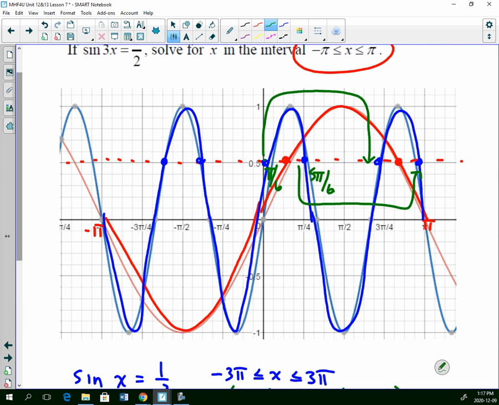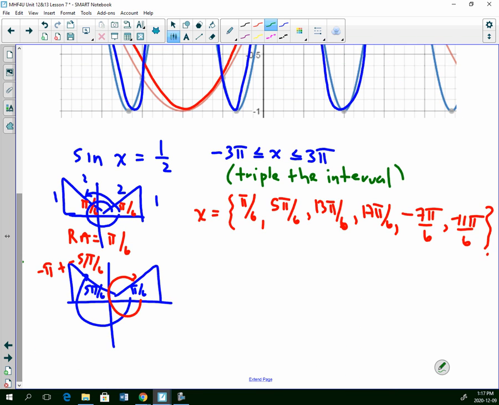This answer here gets repeated here, and this one gets repeated here, but there are no answers at the bottom, right? So I'm going to go pi over 6 repeated this way, and the same with the 5 pi over 6.